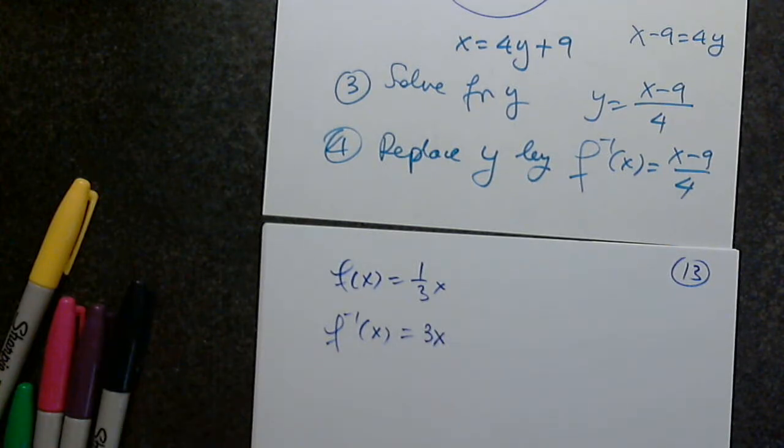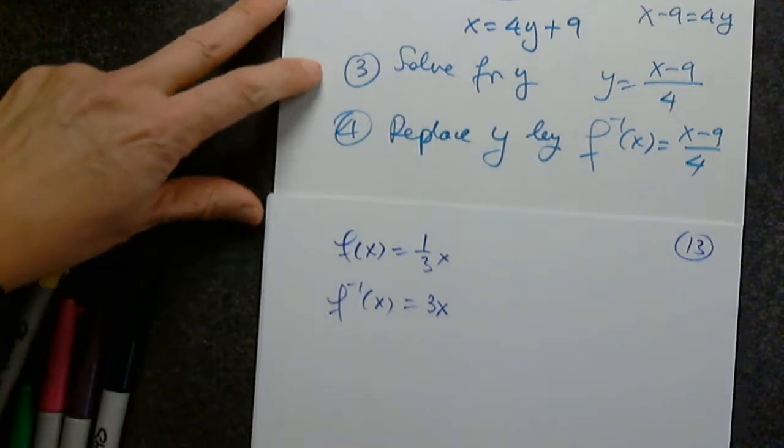Exactly. It's the same thing. I'm giving you 5 and I'm taking 5. I'm dividing by 3. What is the inverse operation of dividing by 3? Multiplying by 3.